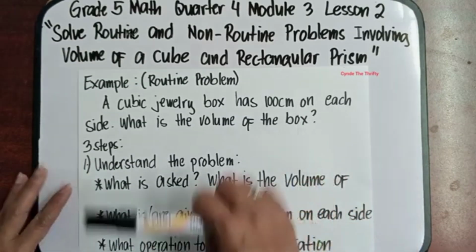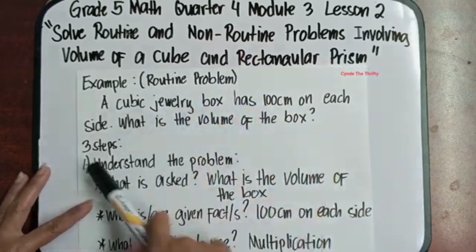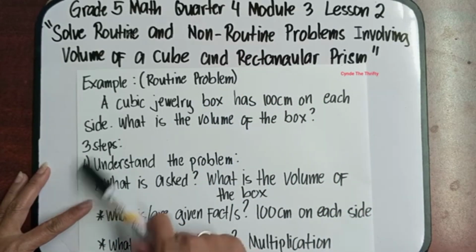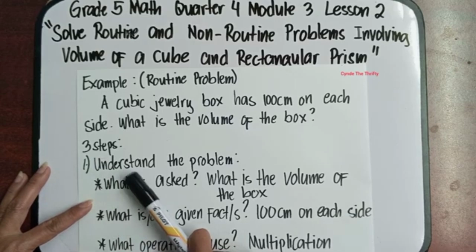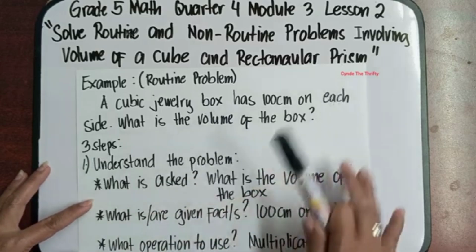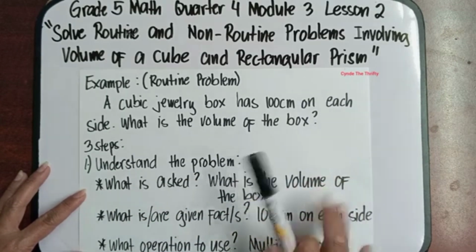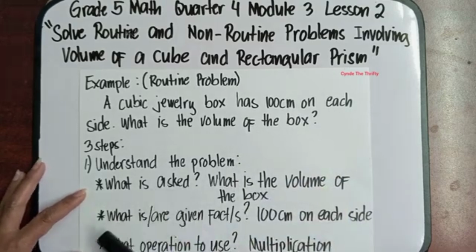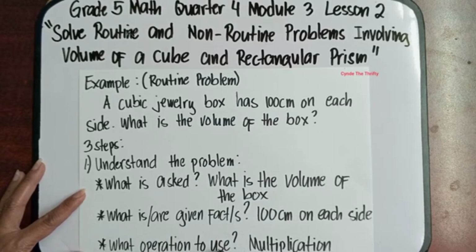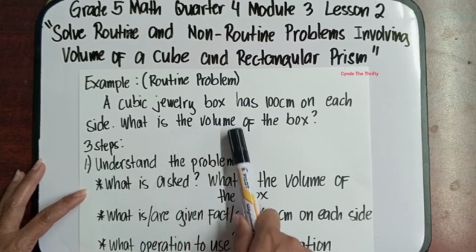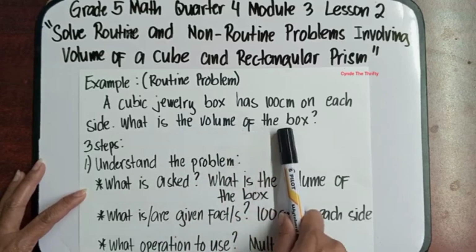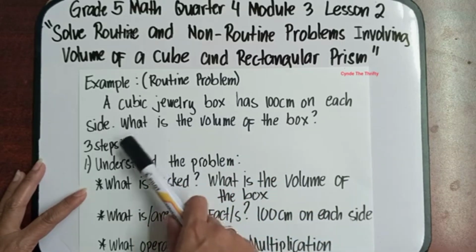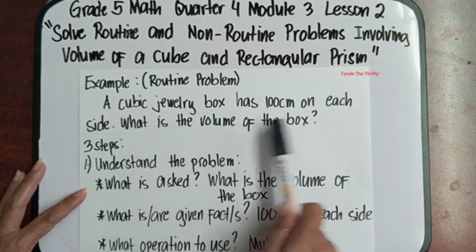Ang gagawin natin is meron tayong tatlong steps. Of course, ang first step natin is always understand the problem. Iintindihin natin ang problem. Meron tayong what is asked, ang pangalawa is what are the given facts, and then what operation to use. Sa what is asked, ang hinahanap sa ating problem is what is the volume of the box?